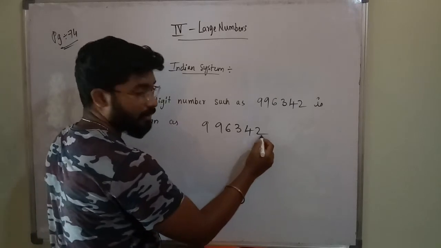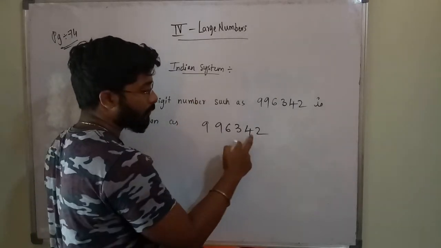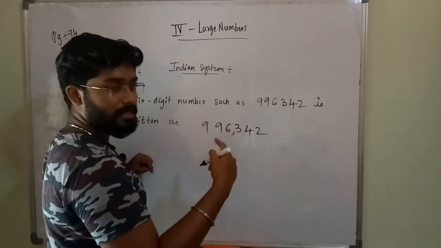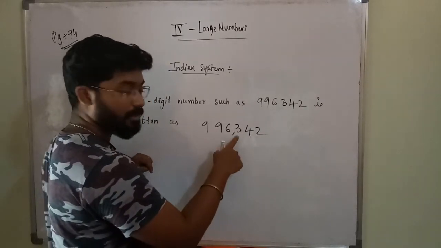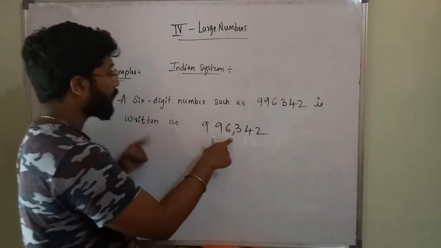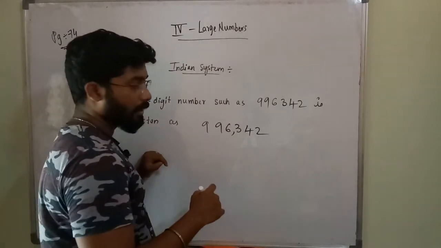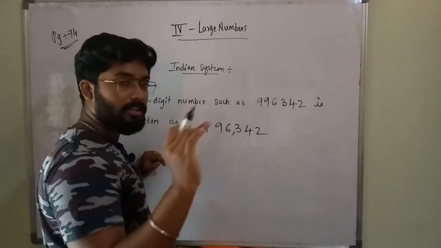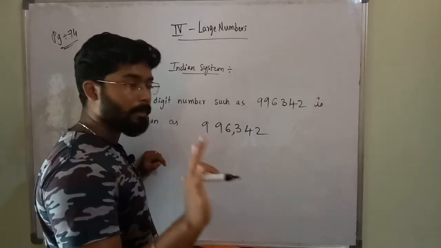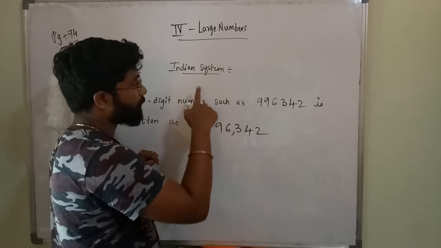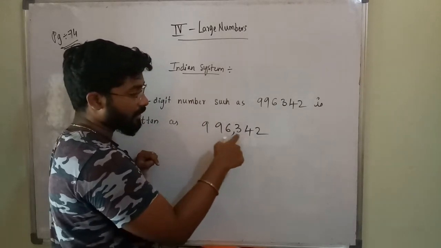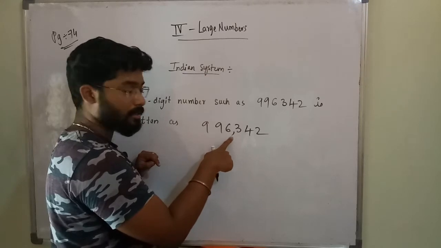Ones period will have 3 place values, 1, 2, 3. After 3 digits you put 1 comma in the Indian system. In the international system, for every 3 digits you put 1 comma because all the periods have 3 place values. But here, ones period has 3 place values, so after 3 digits I put 1 comma.